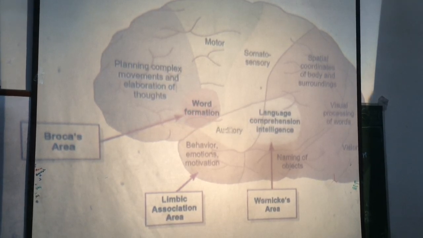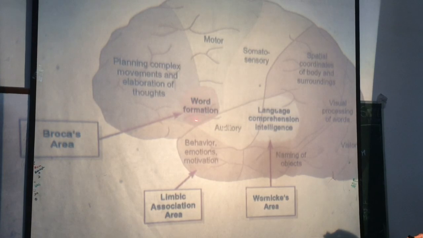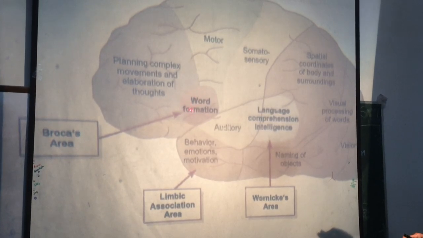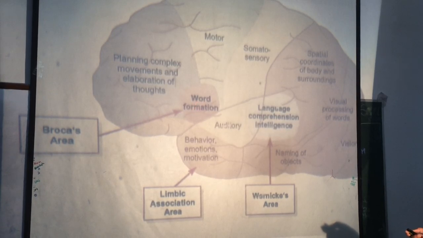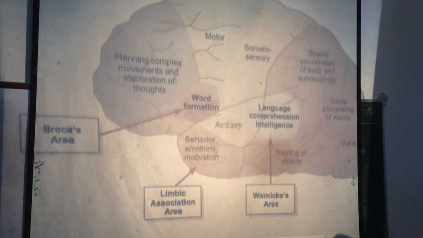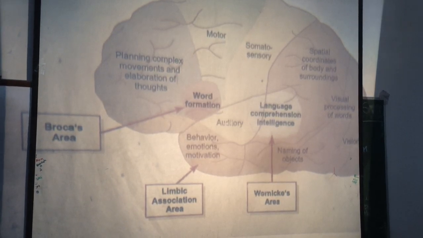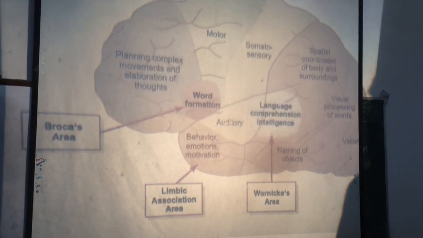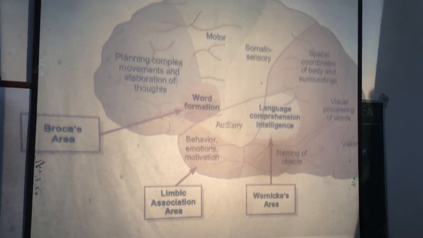Broca's area, the motor speech area, is located in the inferior frontal gyrus, just anterior to the face representation in the primary motor area.